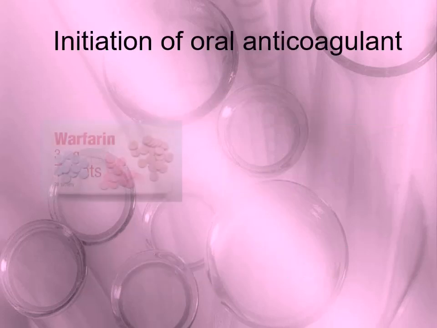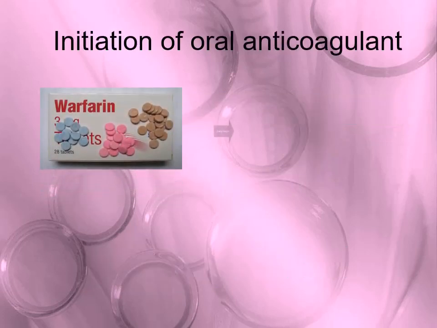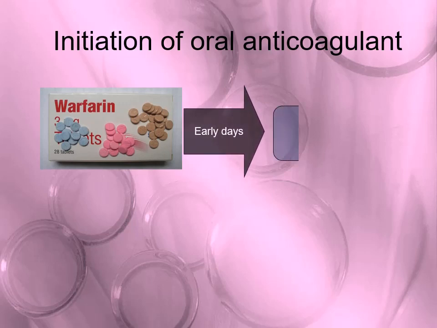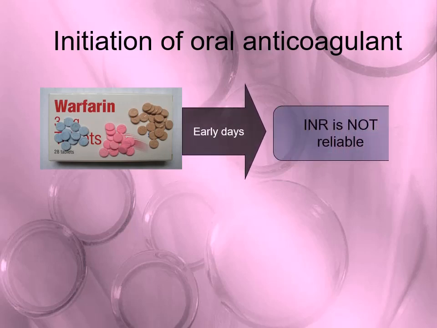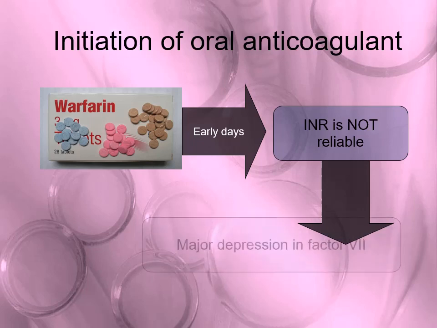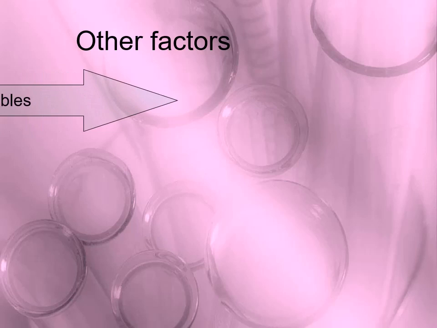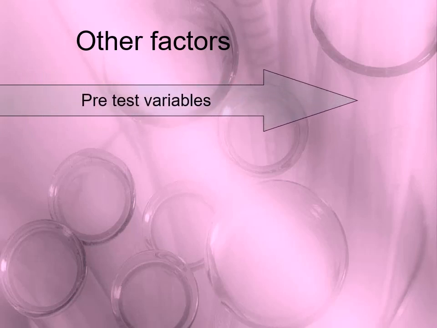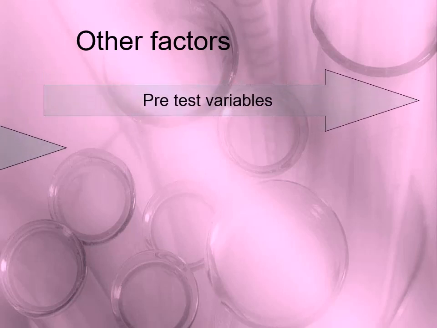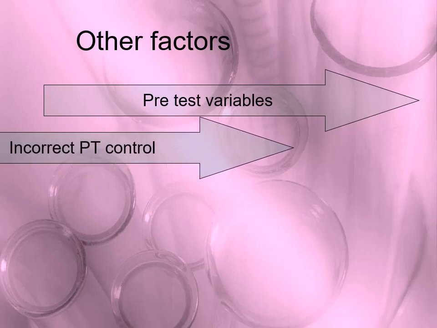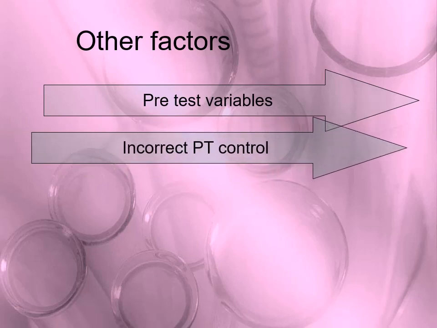During the initial days of oral anticoagulation, INR is not reliable. This is due to the fact that there is a major depression of a single clotting factor, which is factor 7. Other reasons for differences in INR might include pre-test variables such as sampling or blood collection problems, or incorrect prothrombin time control used.